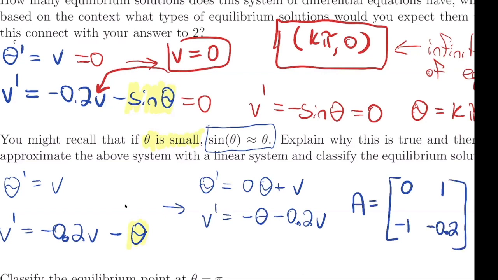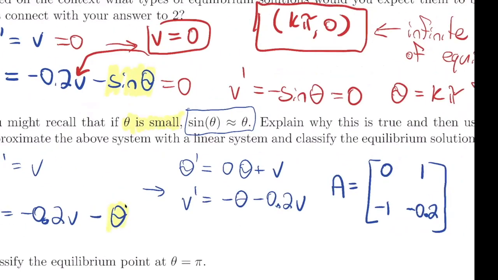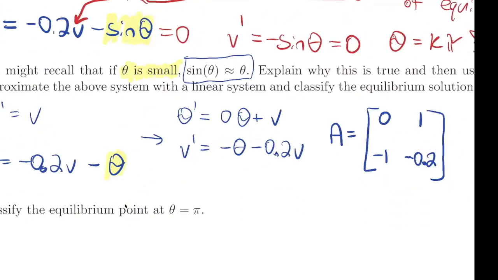So the linearization of this system has the following matrix of coefficients. And so if I want to think about is the equilibrium at 0, 0 stable or unstable, I now could find the eigenvalues for this matrix.